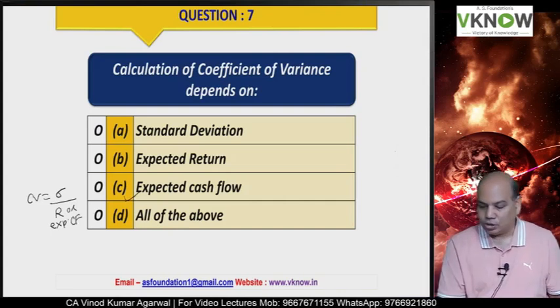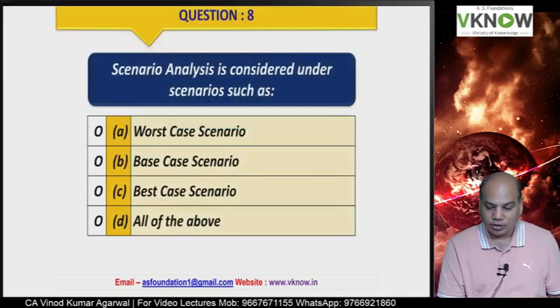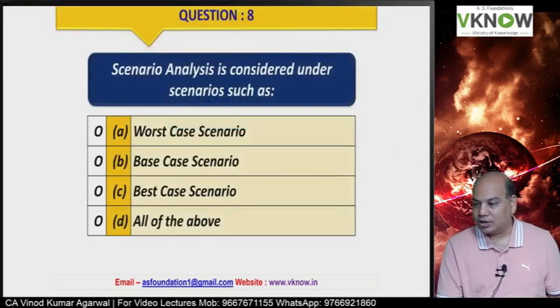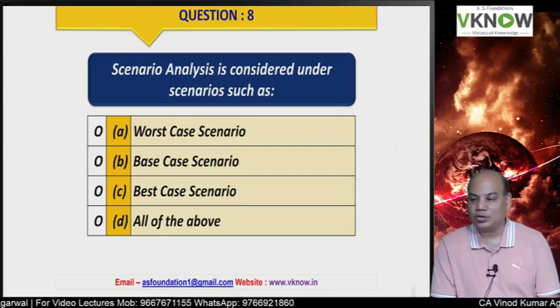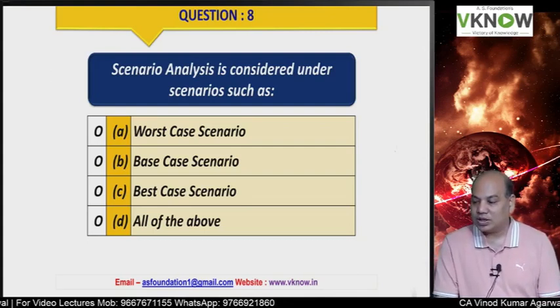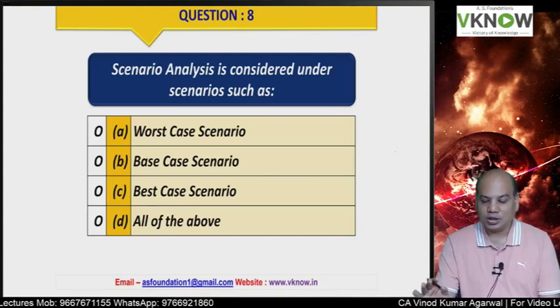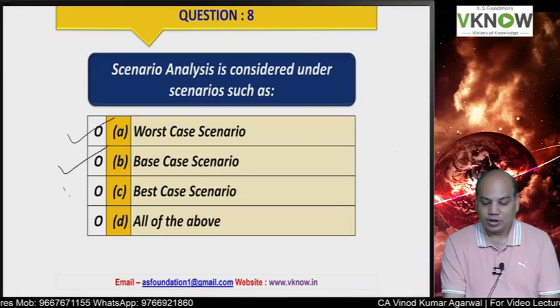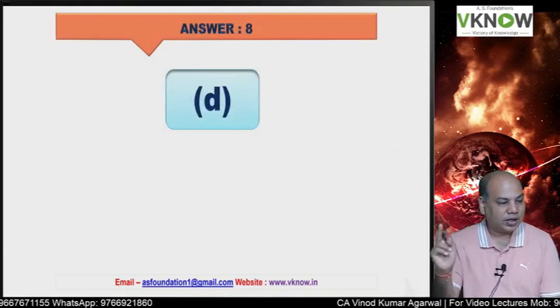So the answer will be all of the above. Very good. Next, scenario analysis is considered under scenarios such as worst case scenario, best case scenario, all of the above. Answer is very obvious here. In scenario analysis we consider worst, best case scenario. All of the above is the correct answer.